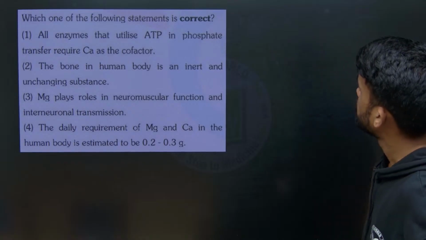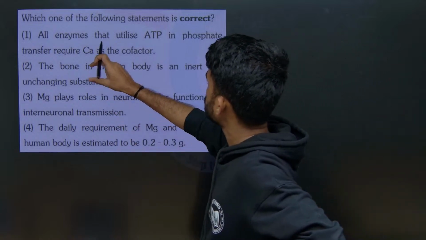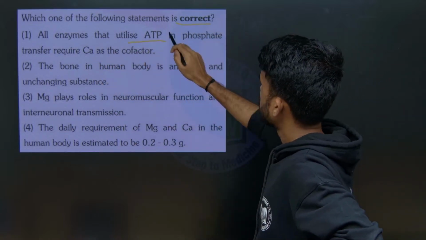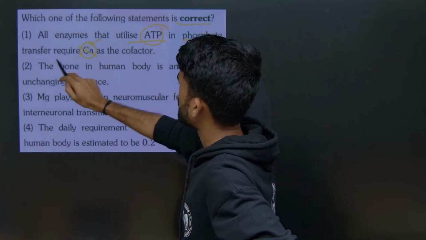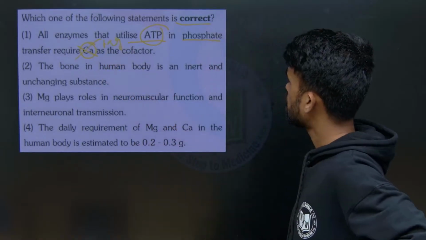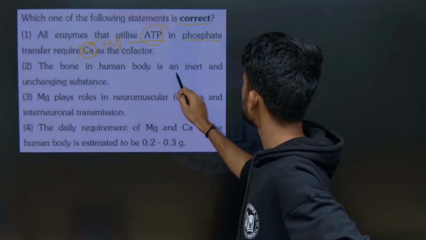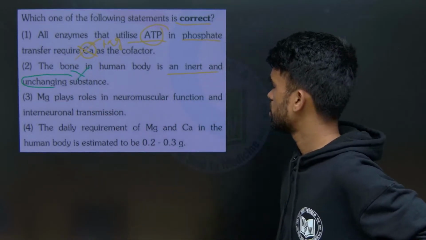Which of the following statements is correct? All enzymes that utilize ATP in phosphate transfer require calcium. This is not calcium, right? It is magnesium. The bone in the human body is inert and unchanging. No, this is not the correct one.